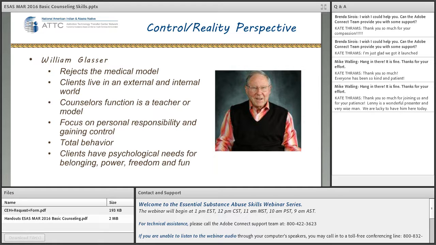Glasser was also notable for applying his theories to broader social issues such as education, management, and marriage. Glasser advocated for the consideration of mental health as a public health issue.